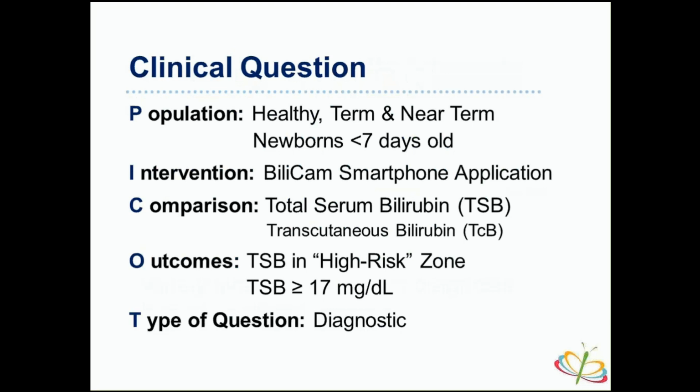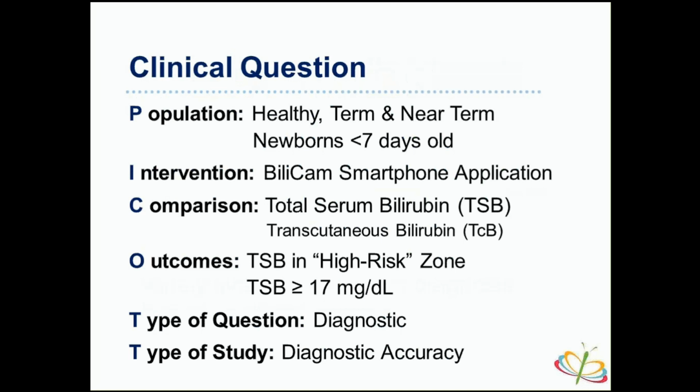In terms of our PICO question, our population is healthy term and near-term newborns who are less than 7 days old. The diagnostic test that we're going to be looking at is the BiliCam smartphone application, comparing that to a total serum bilirubin, which is the gold standard, as well as some comparison to the standard screening method of transcutaneous bilirubin.